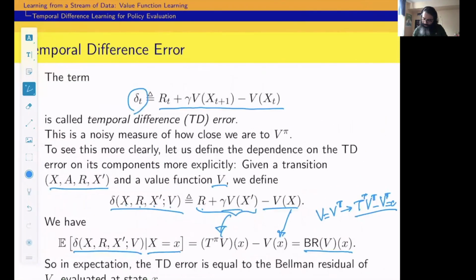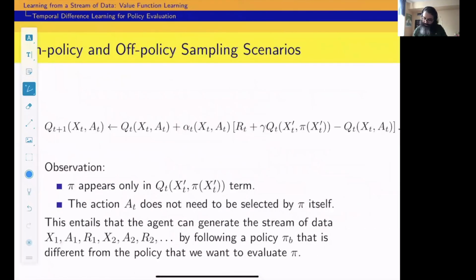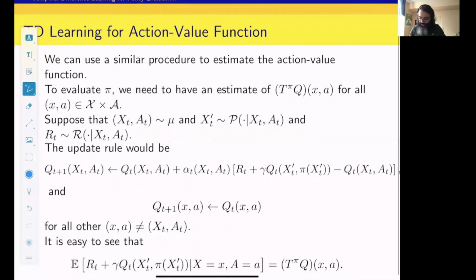Okay, so we can do this process for the action value function too. The process would be very similar. Instead of estimating V^pi, we want to estimate Q^pi. How do we do it?